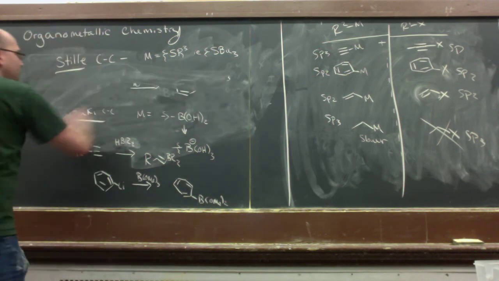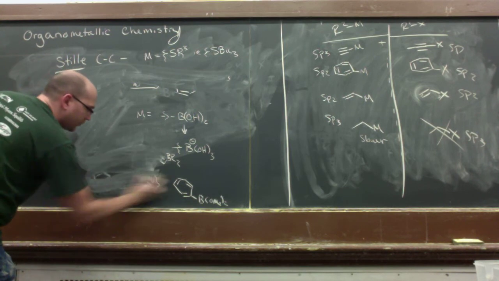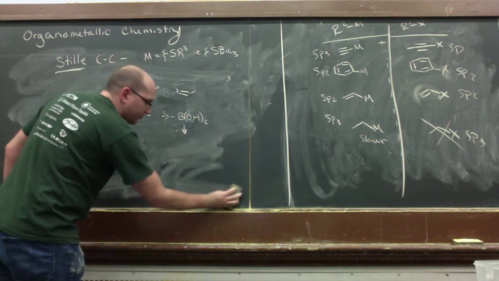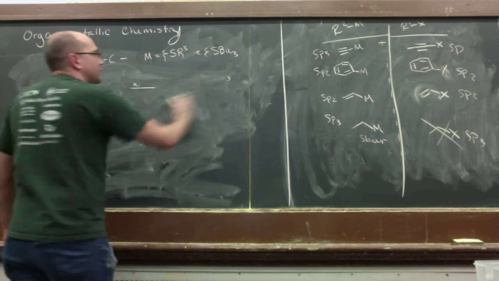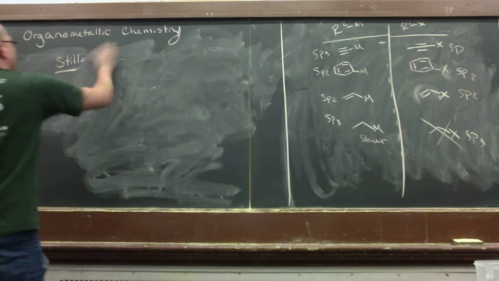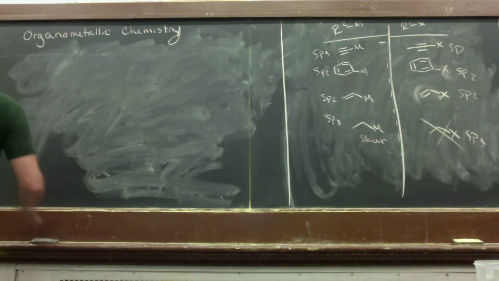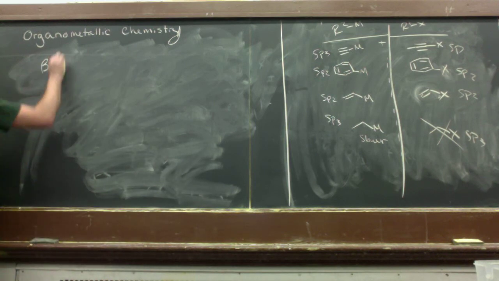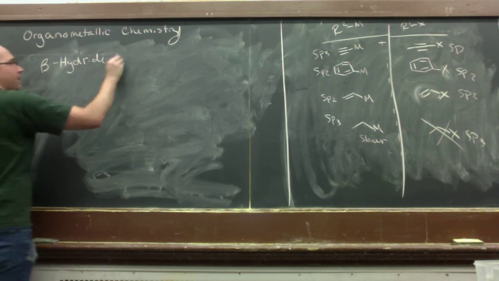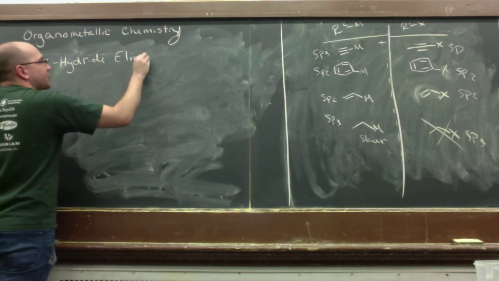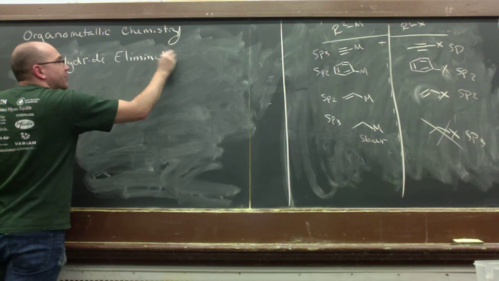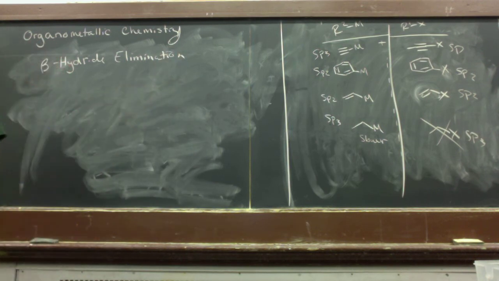So, this is a process that we call beta hydride elimination. And this will be actually valuable for Heck chemistry, but for cross-coupling chemistry, it's actually not that helpful.